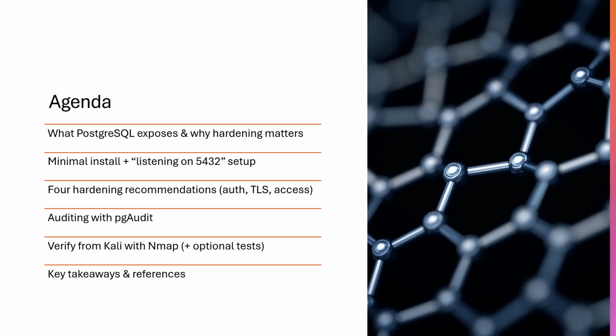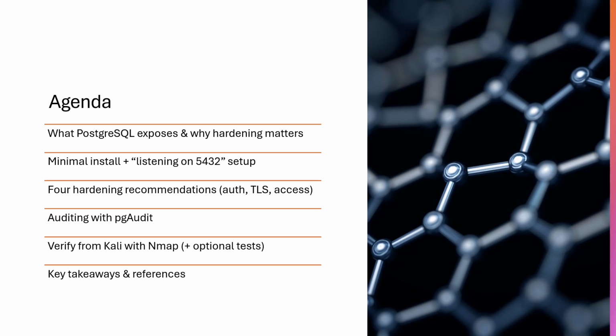I'll begin by understanding what PostgreSQL exposes and why that's risky. Then I'll show a minimal install and configuration to make the server listen on port 5432. After that, we'll dig into at least three hardening steps: better authentication, encryption in transit, and access restrictions.